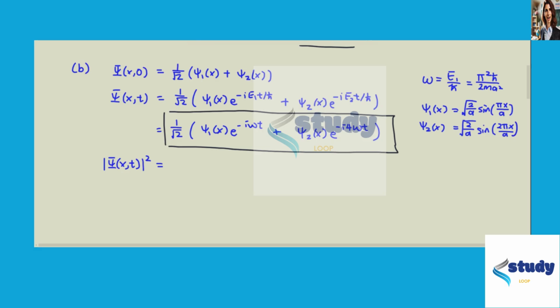I'm not putting the exact functions here yet, but if you want to substitute, you can just substitute. If you do the mod squared, then you have a half.